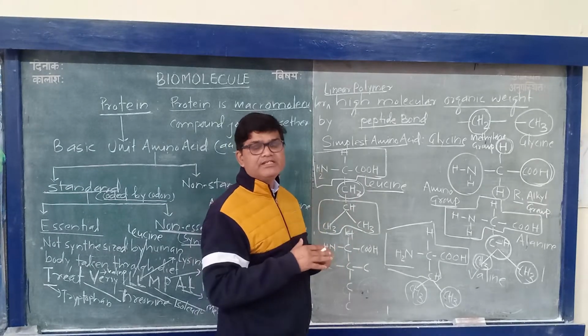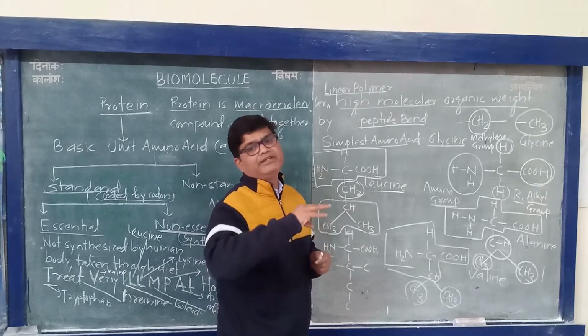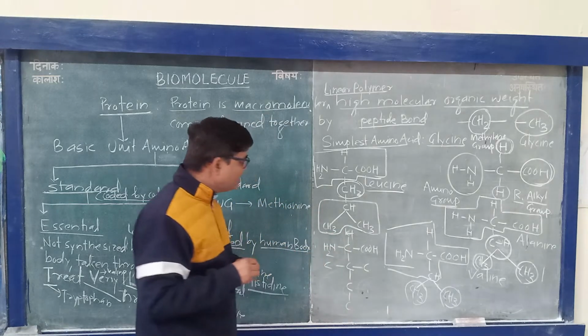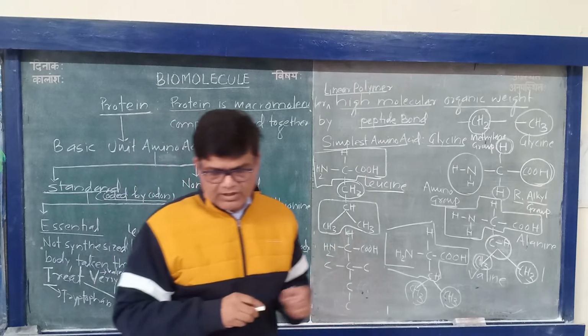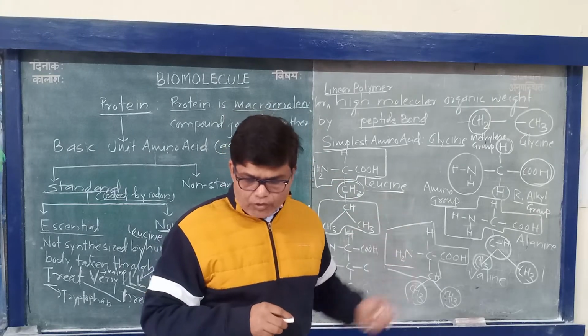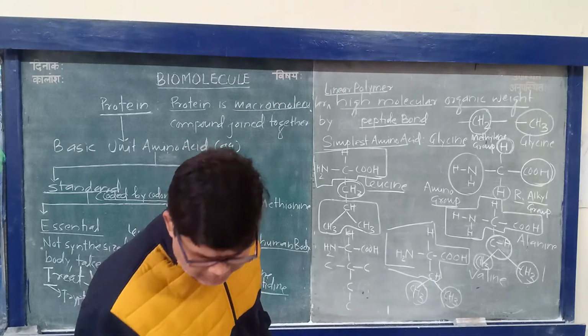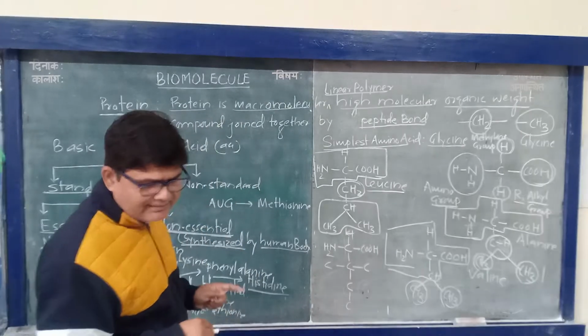On that basis, slowly and slowly, you can derive the different amino acid chemical structures. So these all are alkyl group containing amino acids.